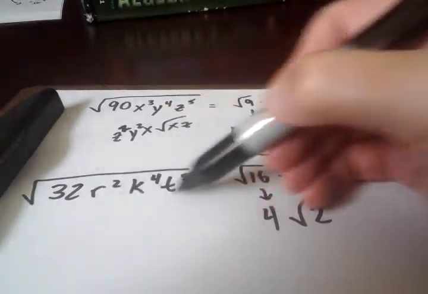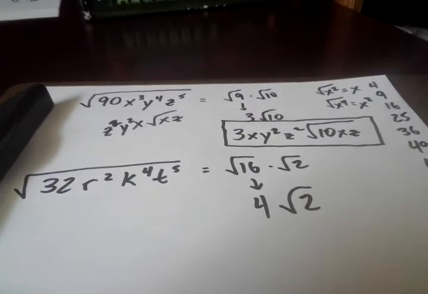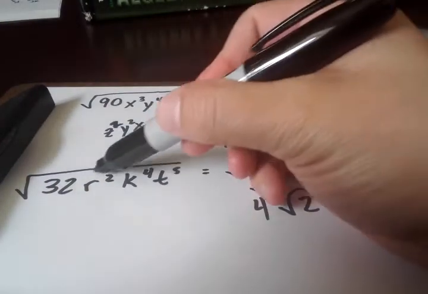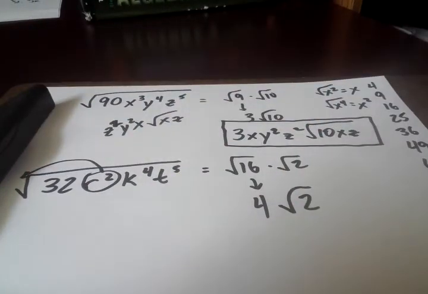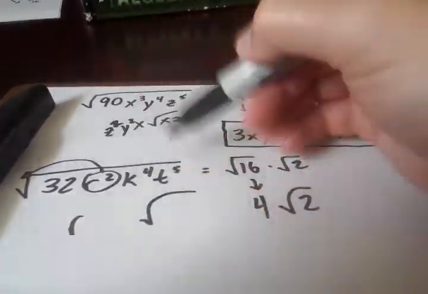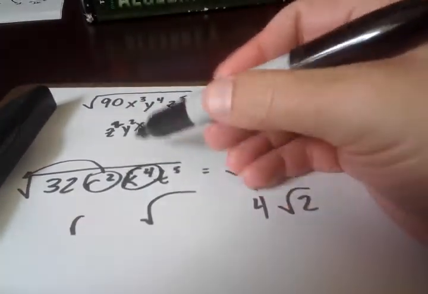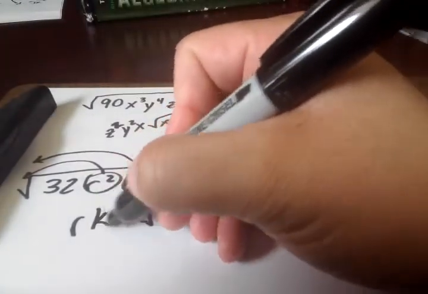Now we have to decide what to do with these variables. Reminder that we are taking them out in pairs, right? So there are 2 r's. When we take it out, how many come out? 1, right? We always take out 1. Okay, and I'm going to leave my radical symbol over here. There are 4 k's. I take them out in pairs. So how many can I take out? I can take out 2 of them.